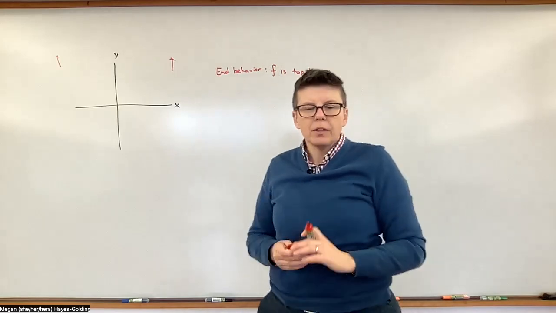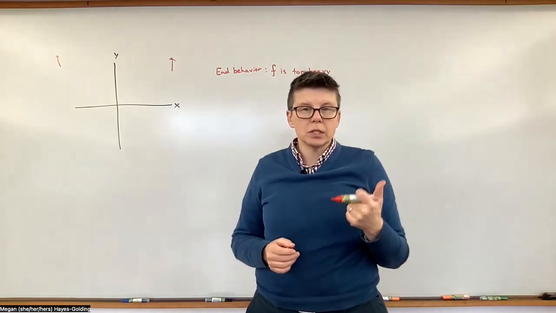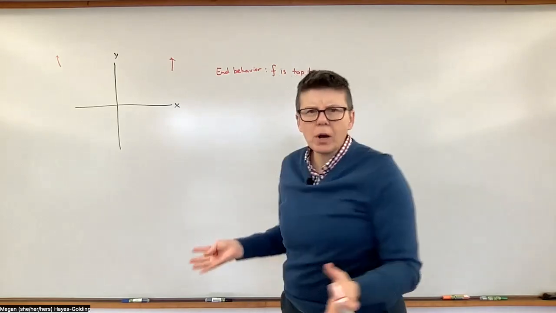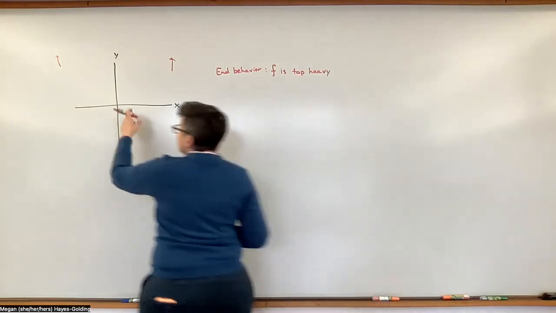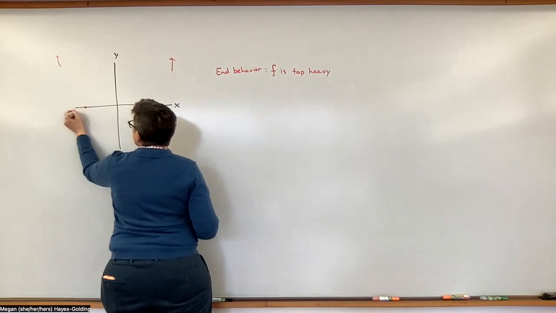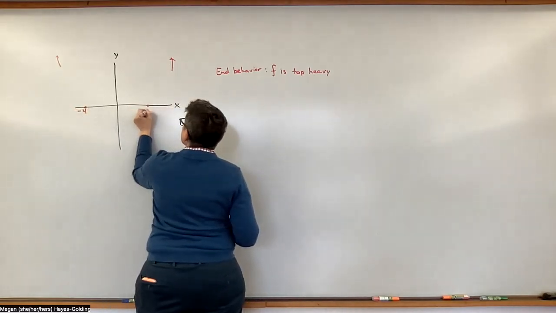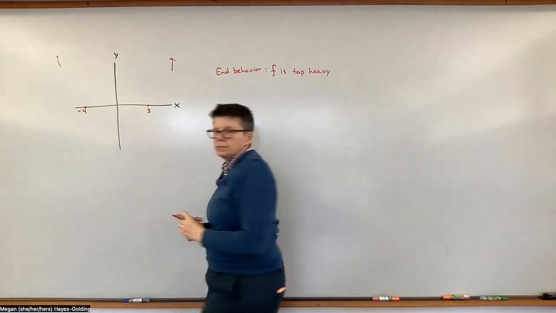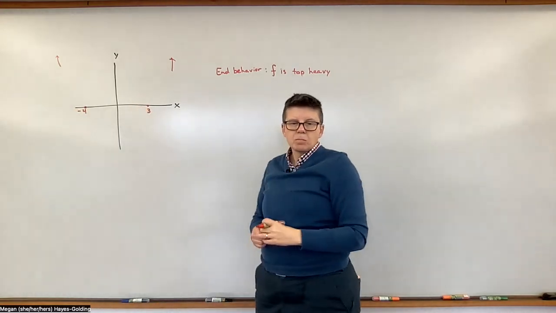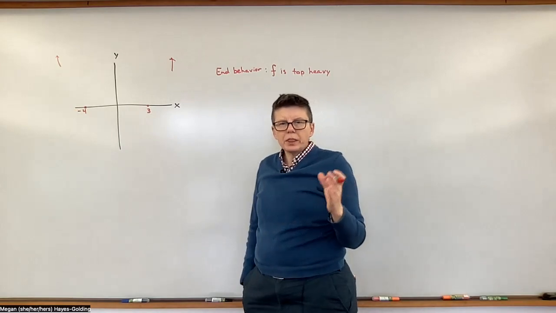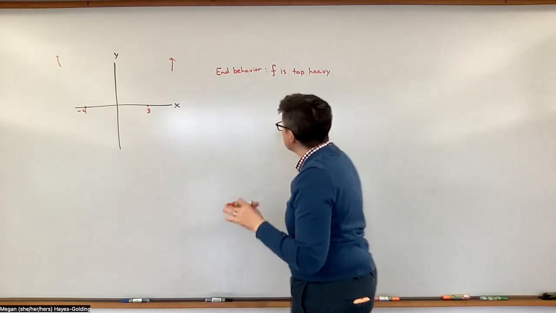The next detail, the x-intercepts are at -4 and +3. I'm going to approximately place them on the graph. Let's make a note about what that means for the function itself.